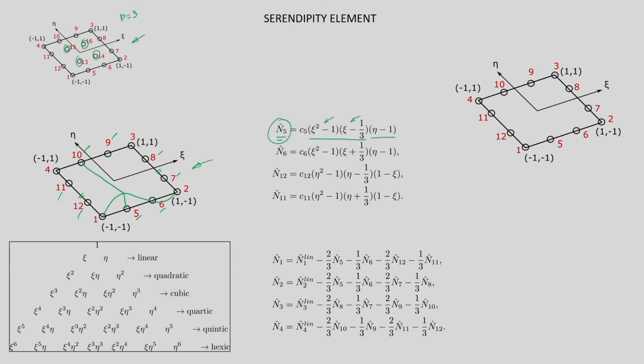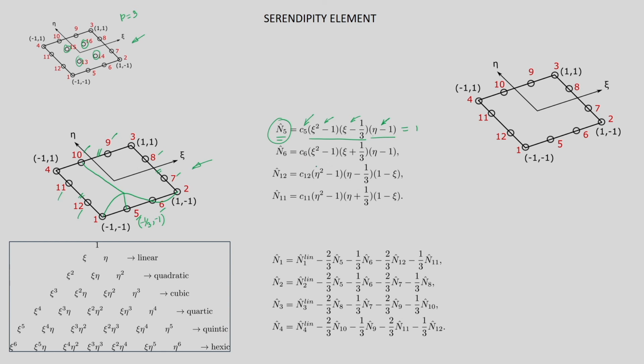And at eta equal to 1, this term will take care that it is 0 at this edge. Now, how did we calculate C5? We said that N5 has to be 1 at node 5. So, we will put the coordinate here. In this case the coordinate is xi equal to minus 1 by 3, eta equal to minus 1. If we put this here and make it equal to 1, we will calculate the coefficient C5.